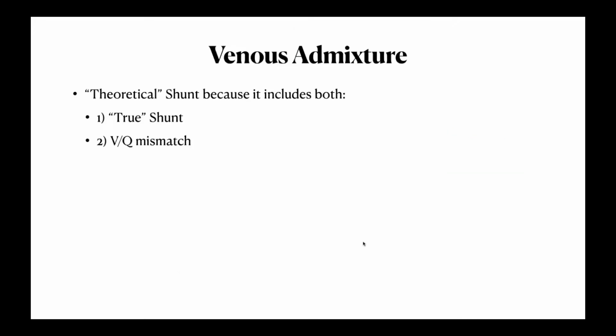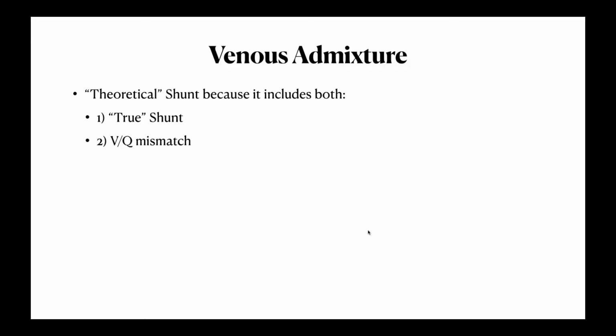Now, venous admixture is a combination of both shunt and VQ mismatch. And this is where we go into that discussion about what causes each. So venous admixture is a theoretical shunt because it includes both true shunt and VQ mismatch.